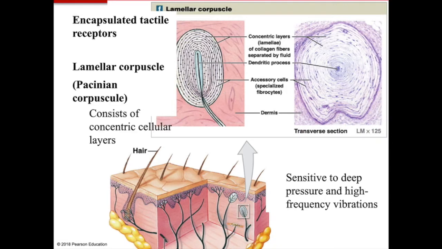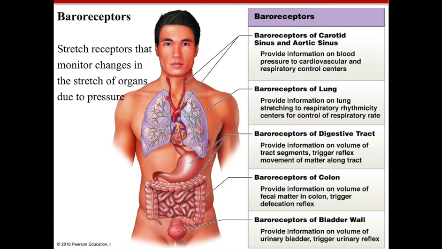Moving to baroreceptors, those are oftentimes called stretch receptors, and they'll be detecting pressure. Pressure where? We have spoken about the glossopharyngeal nerve and how the glossopharyngeal nerve captures information regarding the carotid sinus.